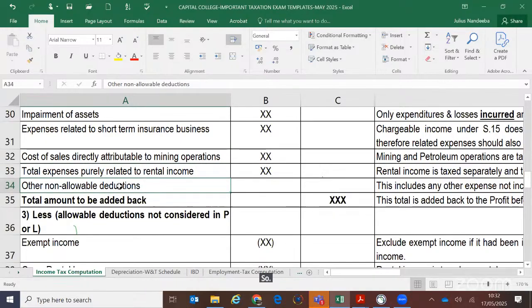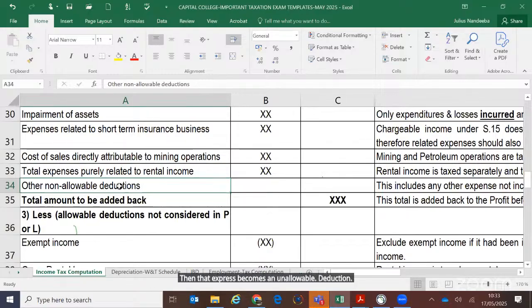So, if you have any other non-allowable deduction, what is the principle you follow? How do you know that this expense is a non-allowable deduction? If you have any expense that was not incurred in the production of income that you're going to tax now, then that expense becomes a non-allowable deduction.